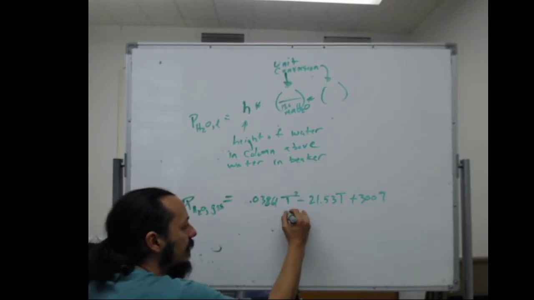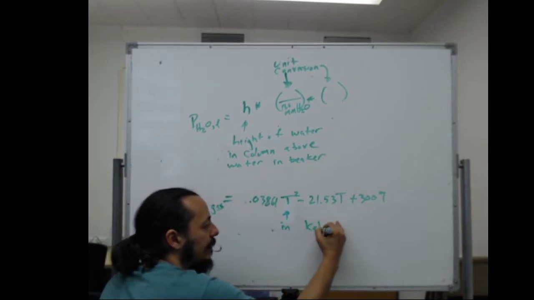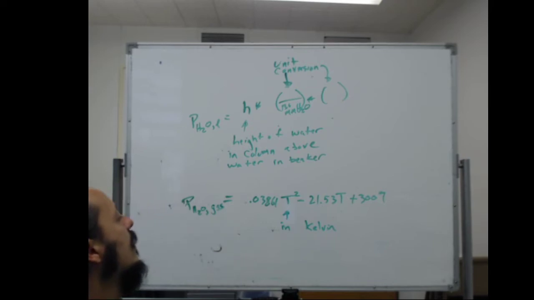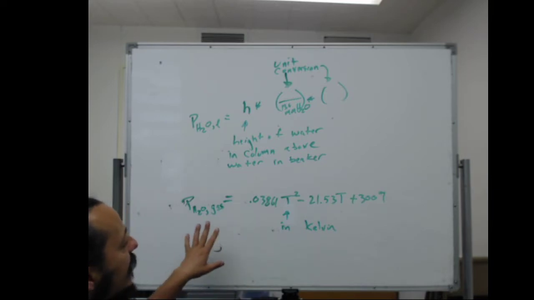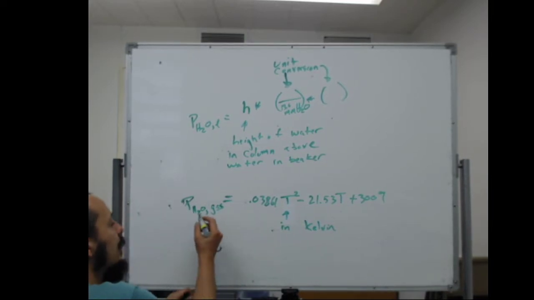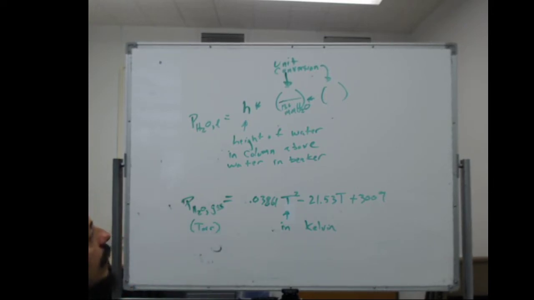This temperature needs to be in Kelvin. If you do that temperature in anything besides Kelvin, you're going to mess up the equation. And this equation is going to give you, when you finish calculating this, your pressure in torr. Same thing with the one up here. This will give you your pressure in torr.